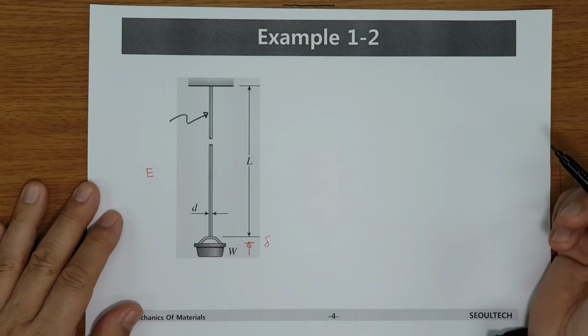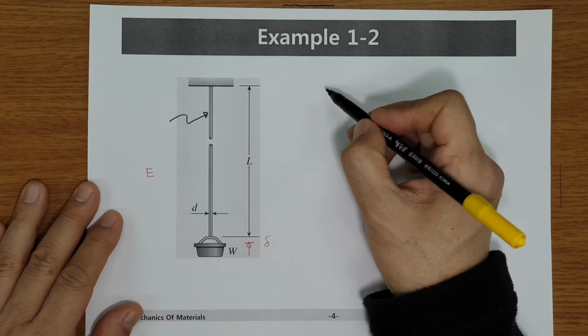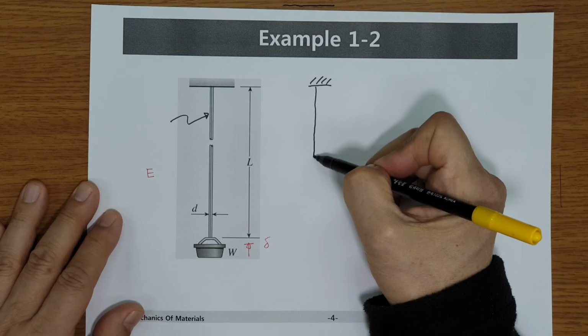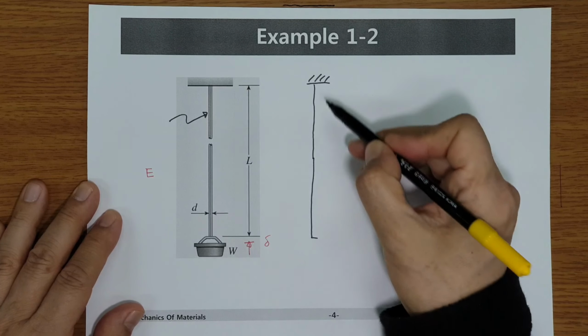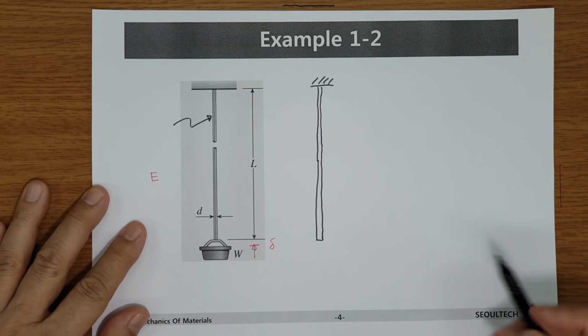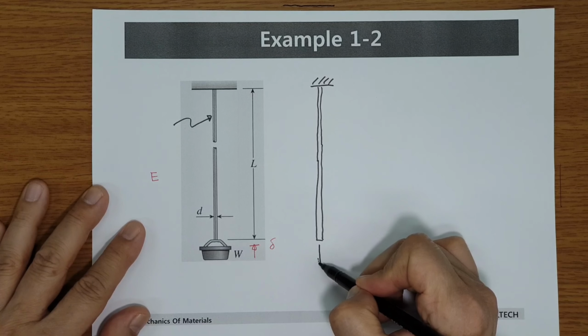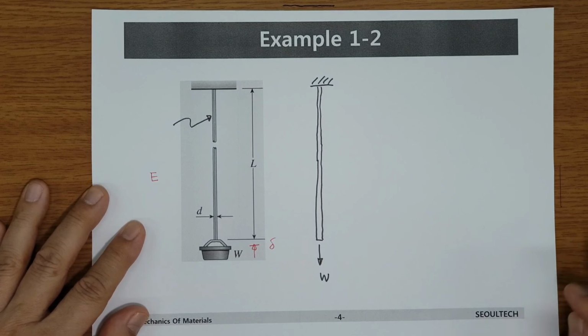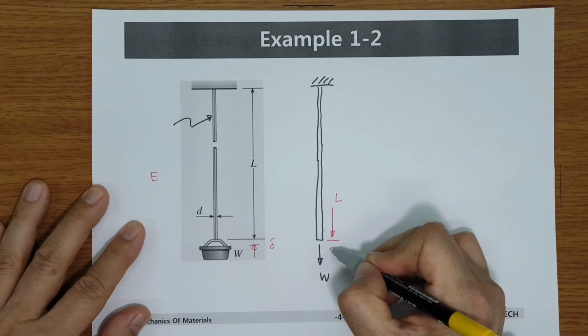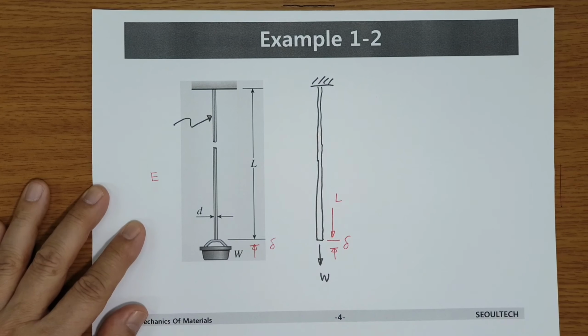Then we can draw a free body diagram like this, with forces acting and W, and this length is L, and the elongation delta we can expect. We want to calculate this delta value.